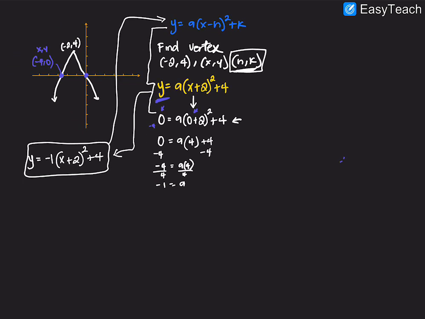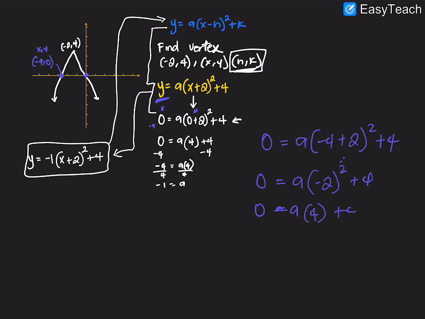So we're going to have 0 equals a, -4 plus 2 squared plus 4. 0 equals a, -2 squared plus 4. We're going to have 0 equals a, 4 plus 4.